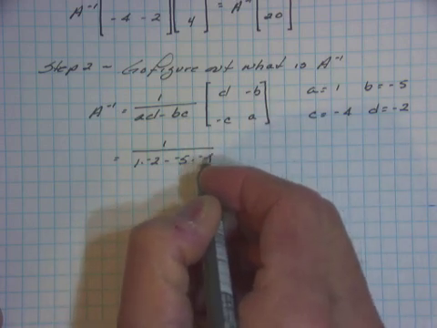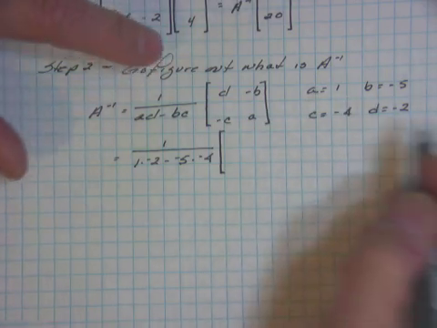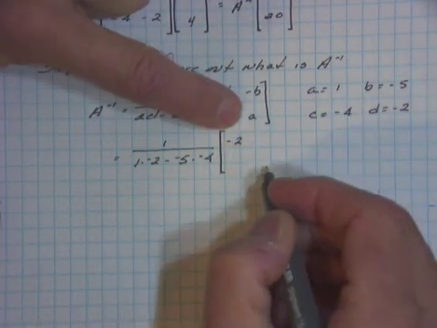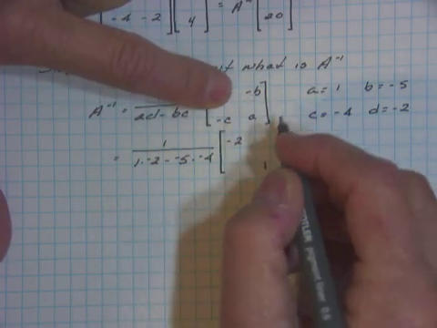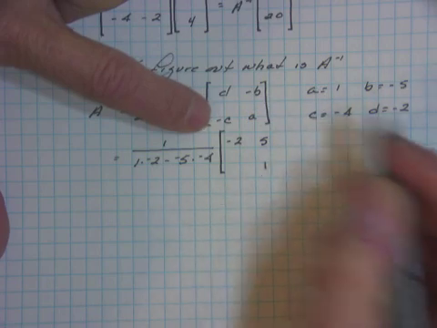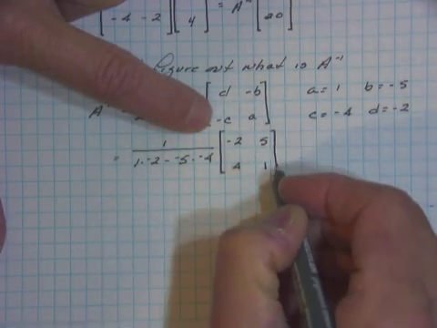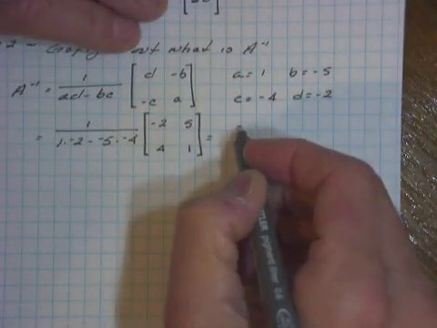Yes, B is -5 times -4. Sorry, I thought I made a mistake, but I didn't. And then we've got D up in this corner now, so that's -2. A down here, and that's 1. Then we take B and change the sign, so that makes it +5. And we take C and change the sign, so that makes it +4.